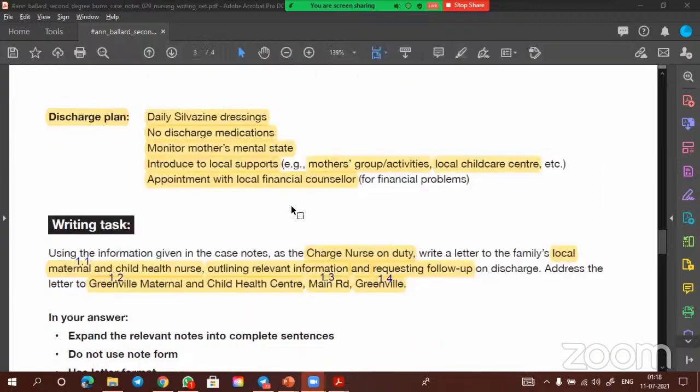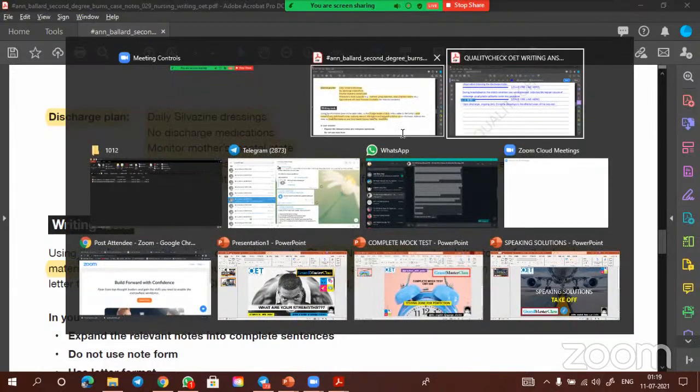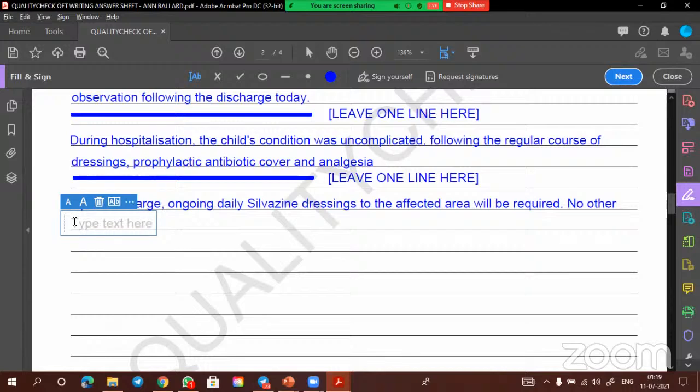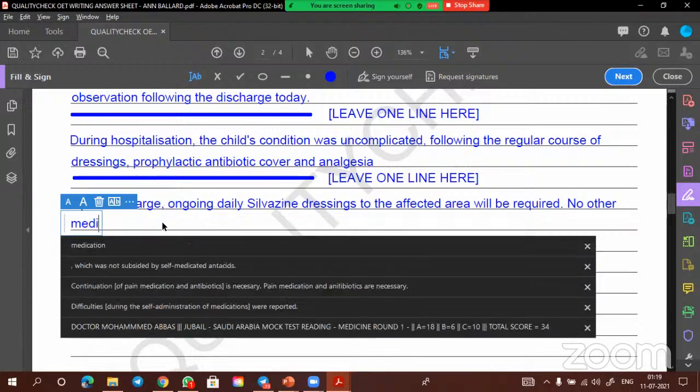So there you will go there. Well, no other discharge medications are required. So are necessary. So no other medications are required.